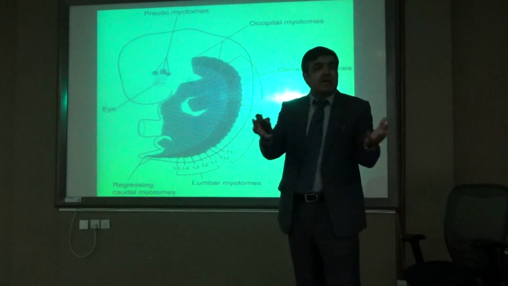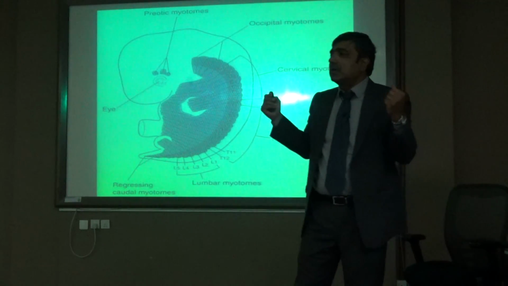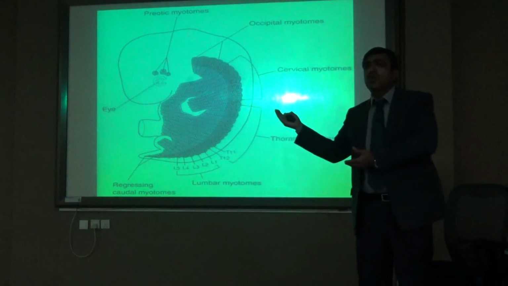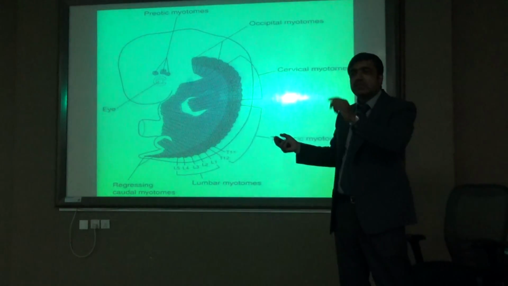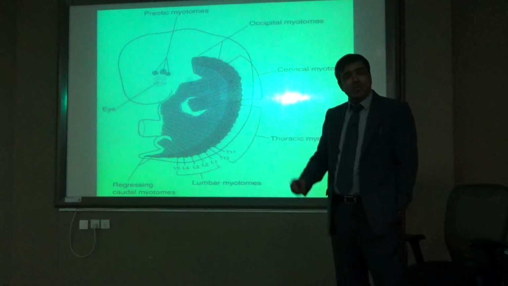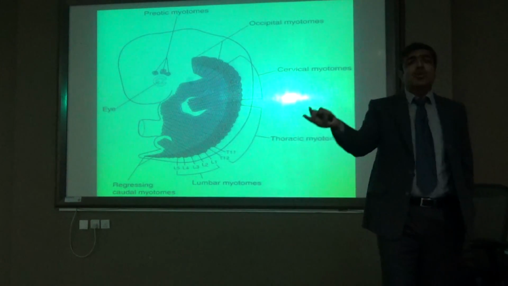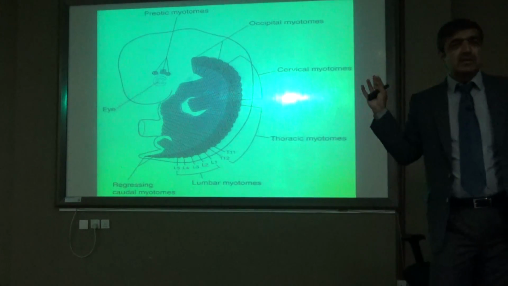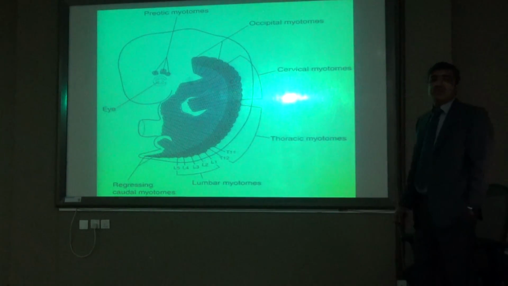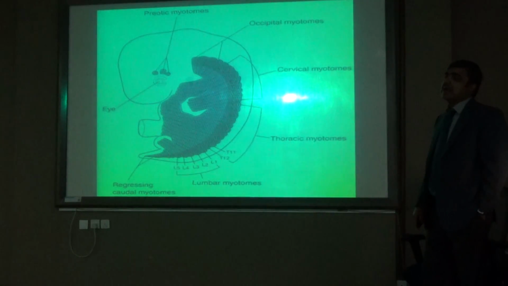Because vertebrae are 33 in number, whereas head musculature is derived from the somitomeres, the smaller somites. Some more structures are developing from them. So maybe some of the somites don't contribute to the formation; they degenerate. Okay, so this is how this pattern is established for muscle development.